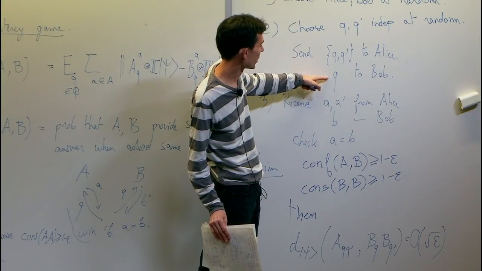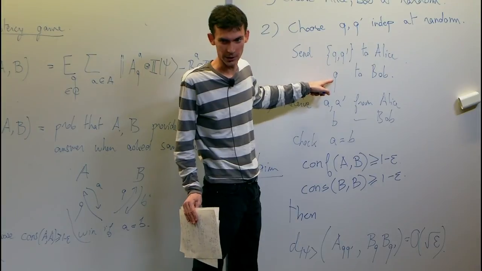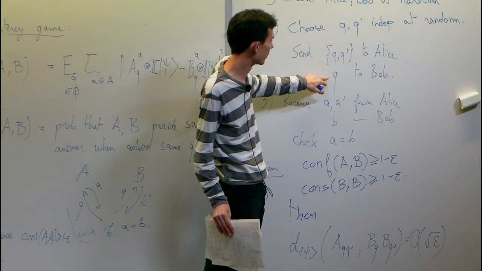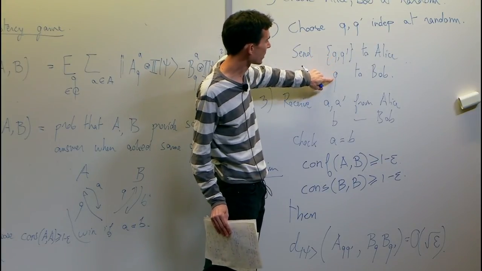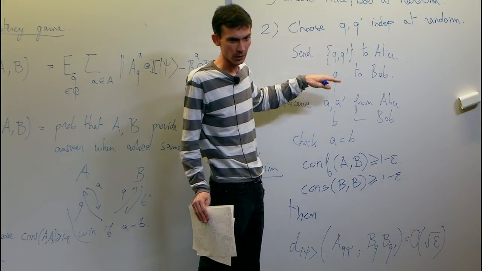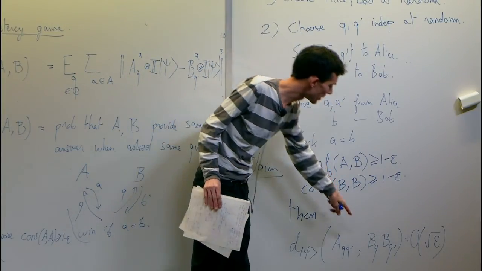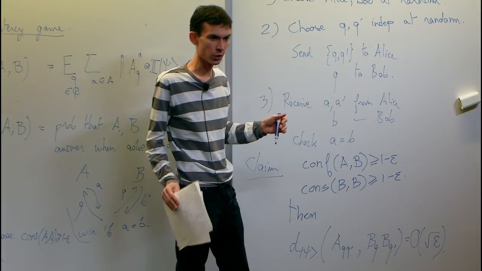When Bob makes his measurement on the corresponding Q, we know what his answer is going to be. His answer is going to be the one that Alice provided because they're consistent if they succeed well in the game. So it means that when Alice has made her measurement, if Bob makes his measurement, the answer is already determined, so the state is not going to change. In particular, if Bob makes his measurement Q and then Q prime, or Q prime and then Q, the state doesn't change, it's the same thing.